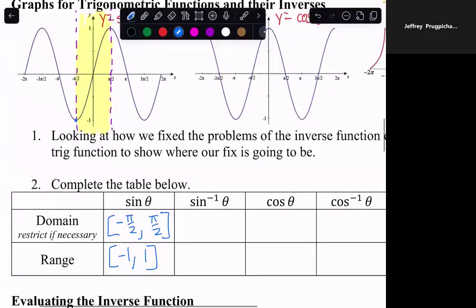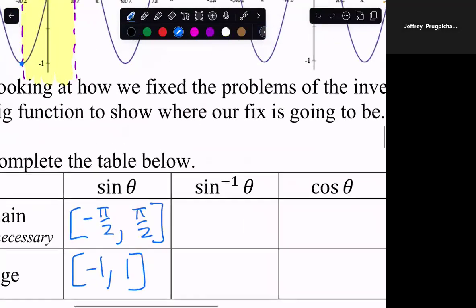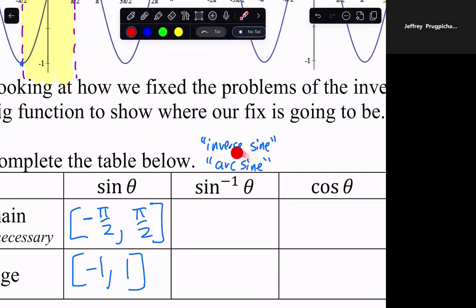Now this function, remember, this is not sine to the negative first power, it's inverse sine, also called arc sine. That's how you would say this out loud, either of these.